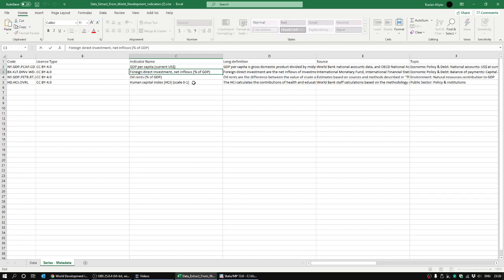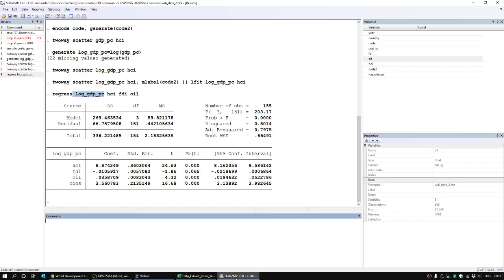FDI is in percent of GDP as net inflows, oil rents are percentage of GDP, and the human capital index uses a scale between 0 and 1, right? So when you want to interpret your coefficients, you will need these units of measurement. Yeah. Now you can use this table and you can interpret your findings.